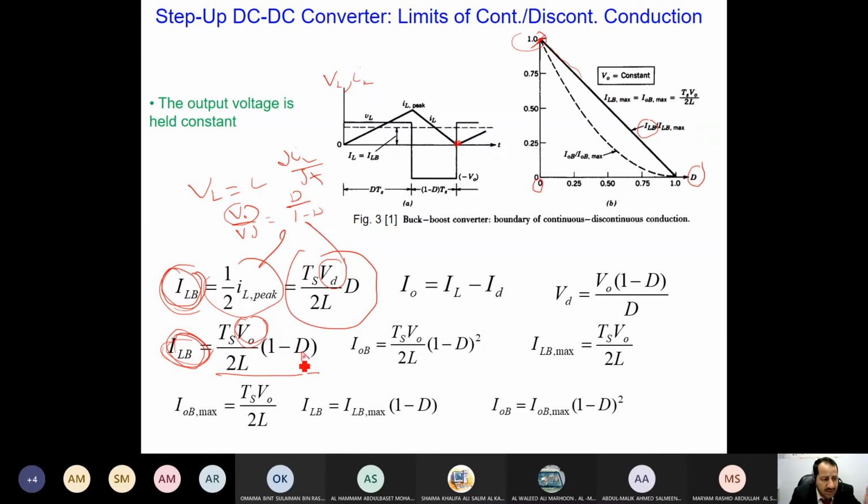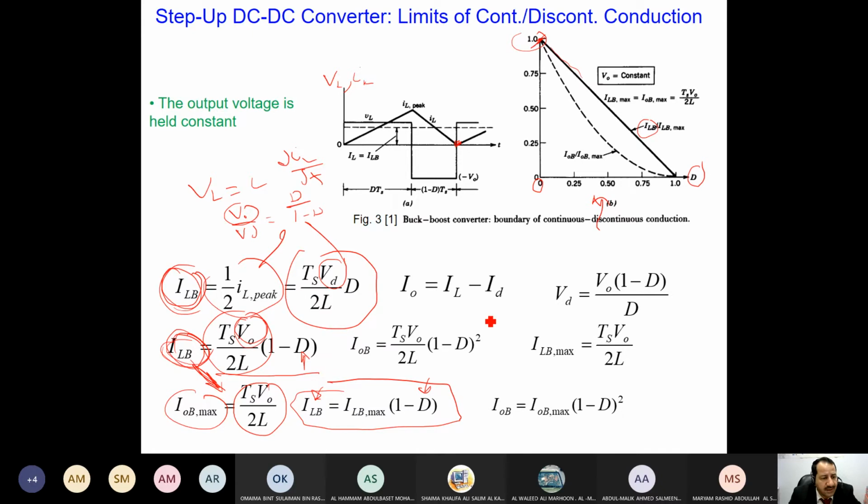So if I substitute 0 here, I get the highest or maximum current. I can rewrite the current IL in terms of its maximum. It is this formula. So it tells me that IL is affected inversely by D, because when D increases, IL reduces. And it's clear from the figure here.